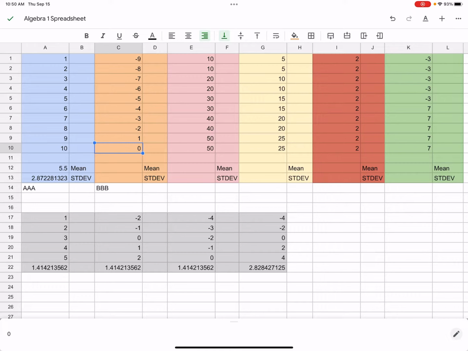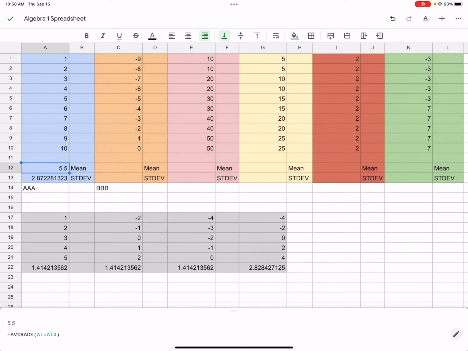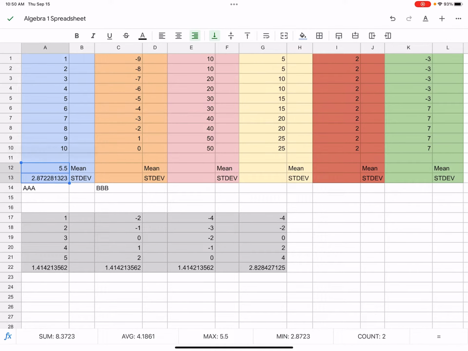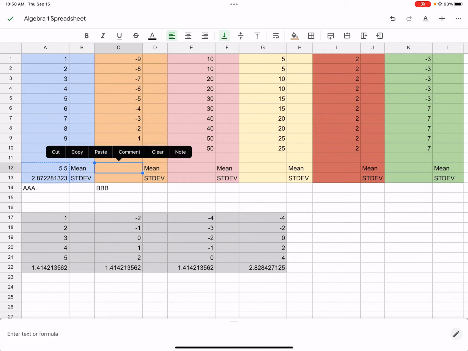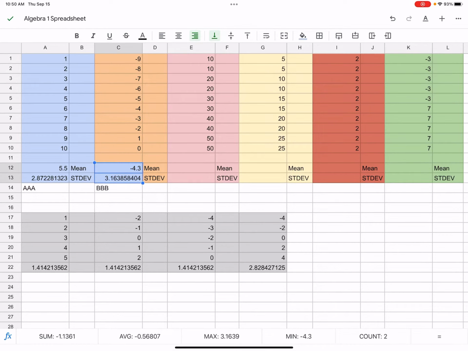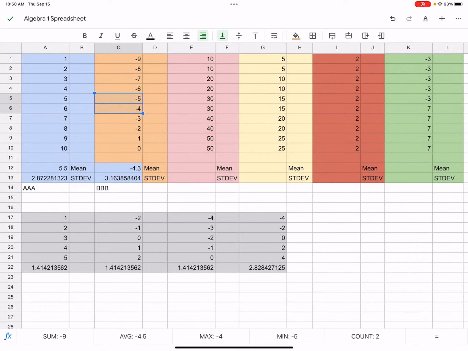So this partner had single values in each one of them. In terms of the mean for this one, we would make it equal to, and you can copy this, I'm going to copy and paste. I can see the mean in this case is -4.5, right about here between the 5 and the 4.